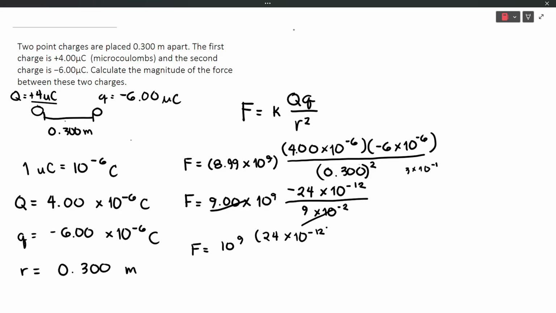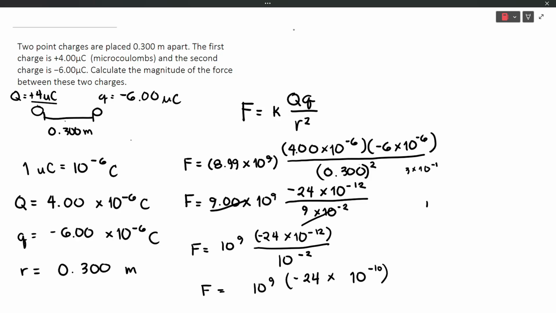Negative 12 minus negative 2 is equal to negative 10. And then we have 10 raised to 9 times 10 raised to negative 10, which is just 10 raised to negative 1.